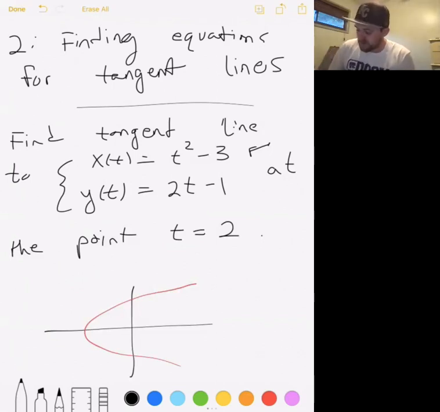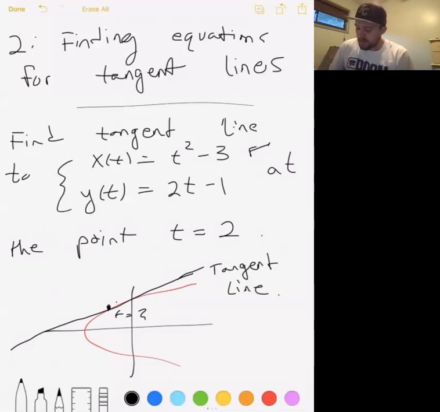But we're not interested in finding the critical points right now. What we want to do is, maybe t equals 2 is here. There's a tangent line to this curve at t equals 2. Call this tangent line here. And what the problem's asking is, what's the equation for this line?